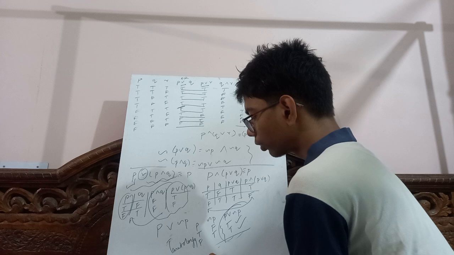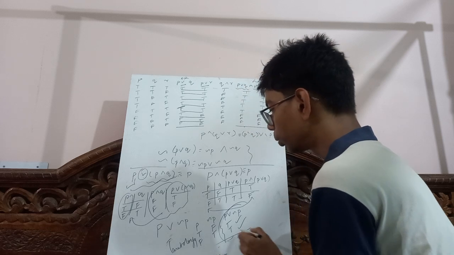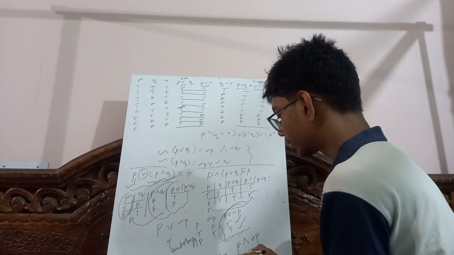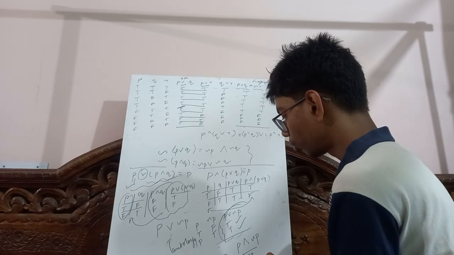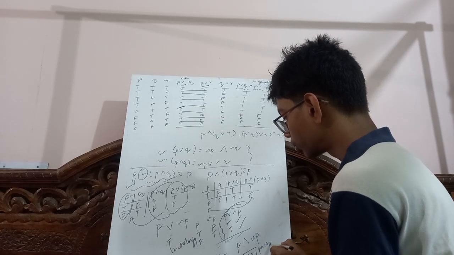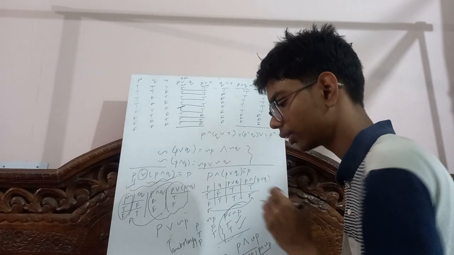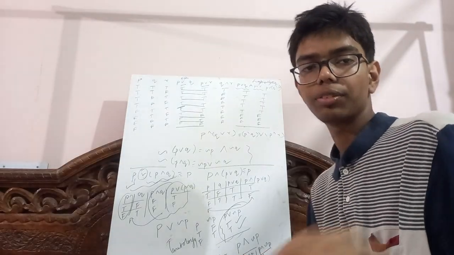And I will get a contradiction if both are false, so that will be P and negation of P. That is P, negation of P, true, false, false, true, and P and negation of P both should be true. So this is false, this is false, this I got contradiction, right? This was all it is. We will see in the next video.